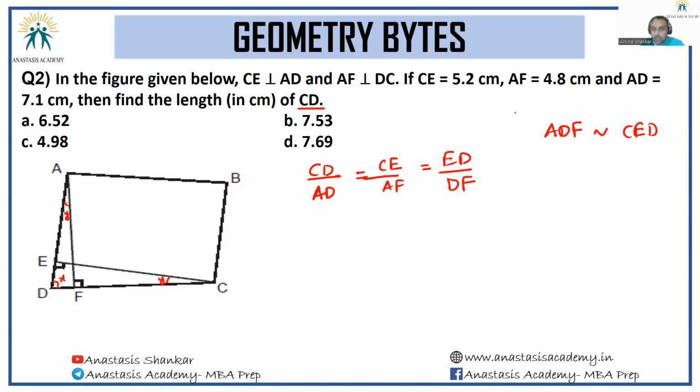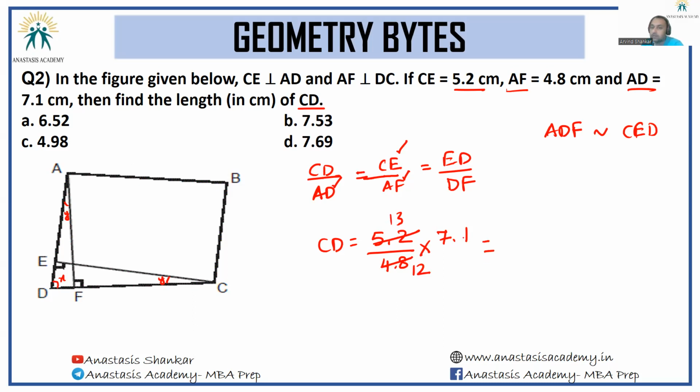Finally, I need length of CD. So let me see if within these I have something. CE, I know this. AF, I know this. AD, I know this. My life is simple. So CD is equal to 5.2 by 4.8 into 7.1. So this is 13, this is 12.